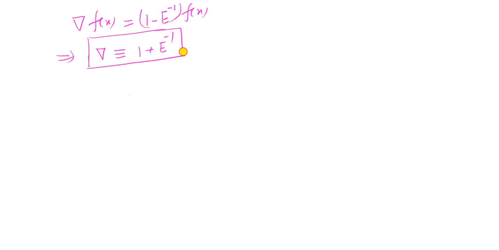del f(x) is equal to (1 minus E inverse) f(x), again using right cancellation law, so we obtain the backward difference operator del is 1 minus E inverse. So this is a relation between the backward difference operator del and shift operator E, or we can write this expression into the form of E, that is shift operator E is equal to 1 upon 1 minus backward difference operator del.